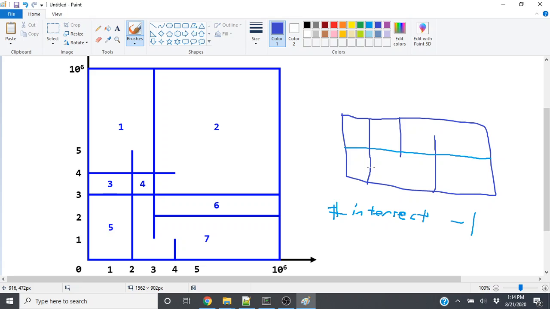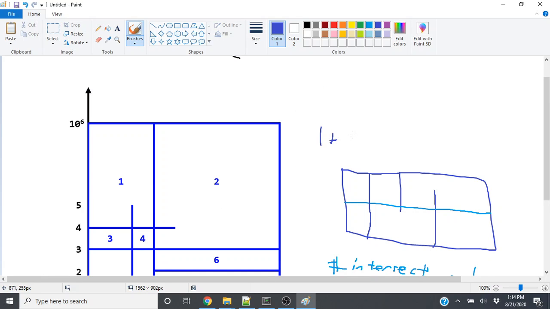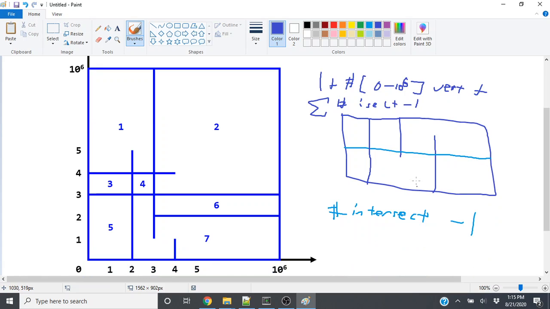So the answer is 1 plus the number of verticals that go from 0 to 10 to the 6th, plus the sum over all horizontal segments of the number of intersections it makes with vertical ones minus 1.